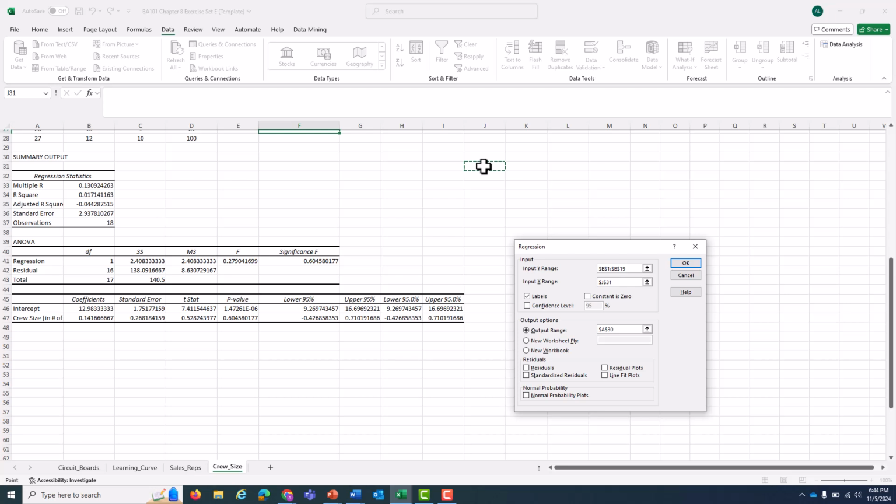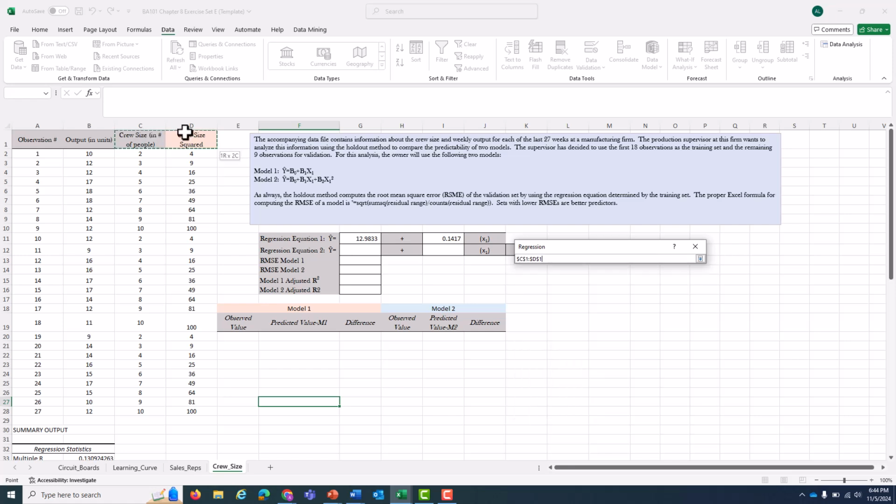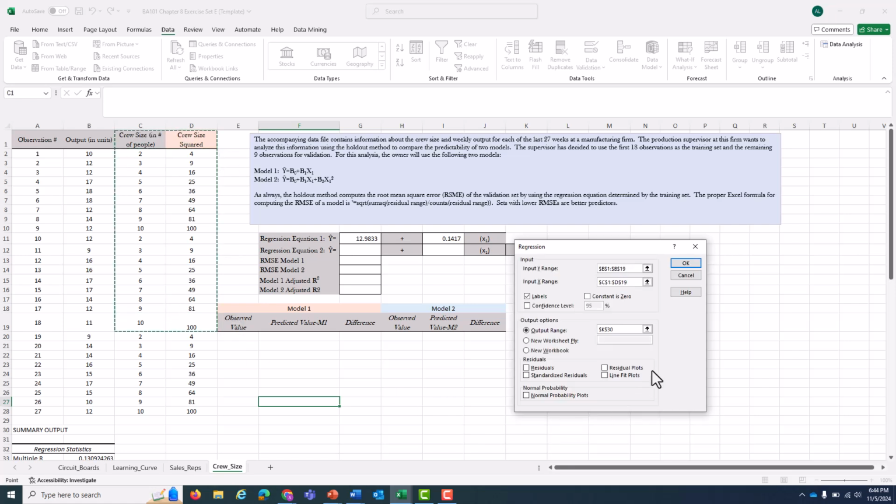So I'll just pick a cell where things are going to line up nicely. I'll put it into, we'll say, K30. Sounds good to me. I did it again. Wrong cell. Hold on. We want to put the output into cell K30. And my X range is going to be the first 18 returns for crew size and crew size squared.